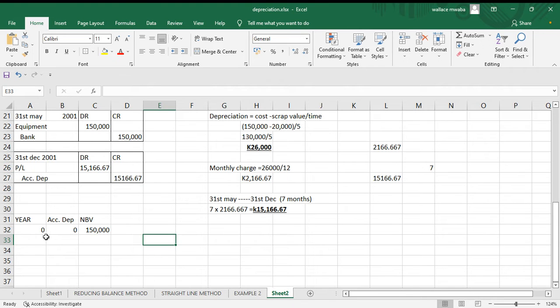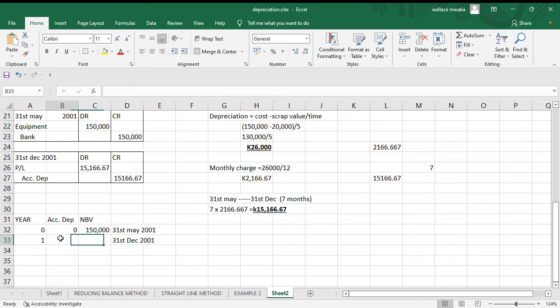Right. Then for year 1, okay, we've already made our adjustment for the 31st of December, because remember this is for 31st December 2001. And here, this is referring to 31st May 2001.